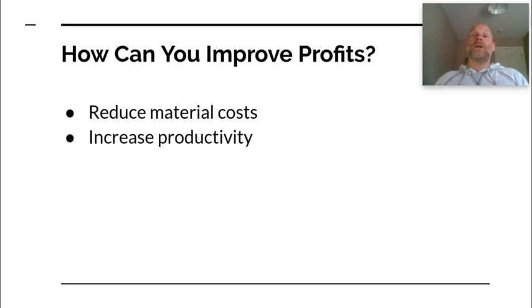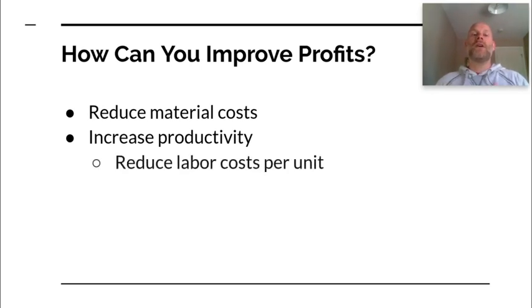Another way is to increase productivity. Productivity is actually an economic term. I could probably do an entire chapter on the economics of productivity and what it actually means. But productivity can be thought of basically as reducing your labor cost per unit. So you can think of it as simply being more efficient, creating more units per given amount of time.